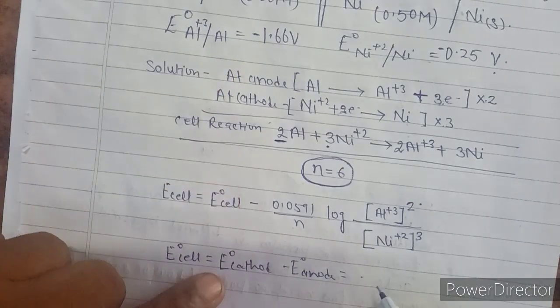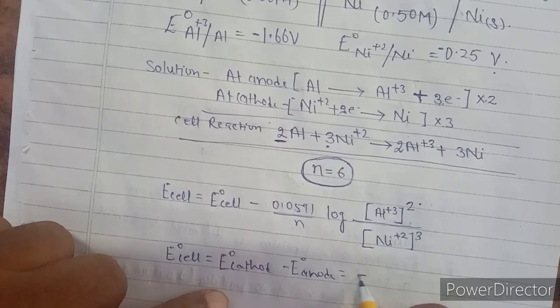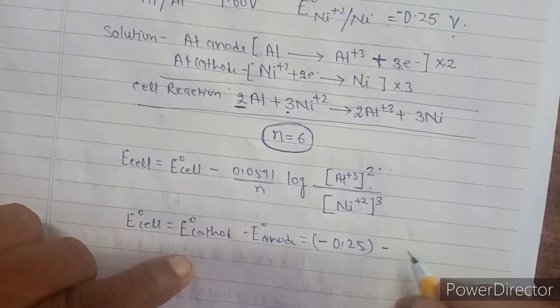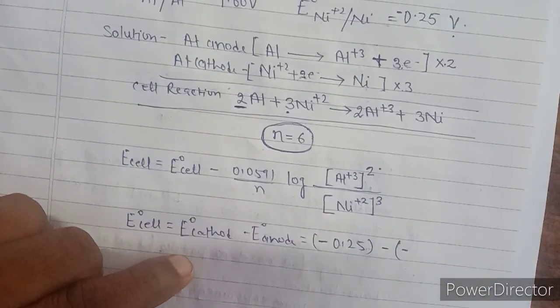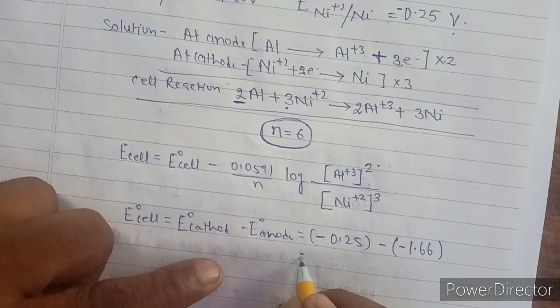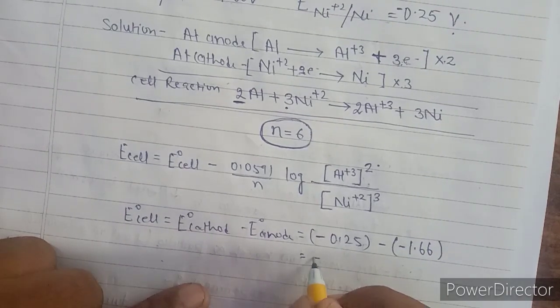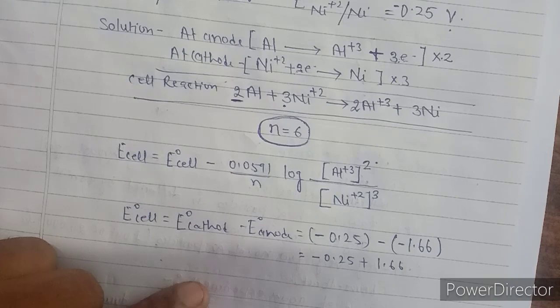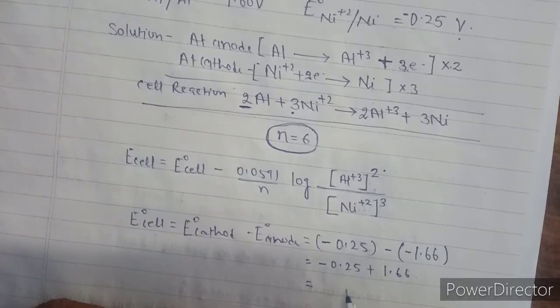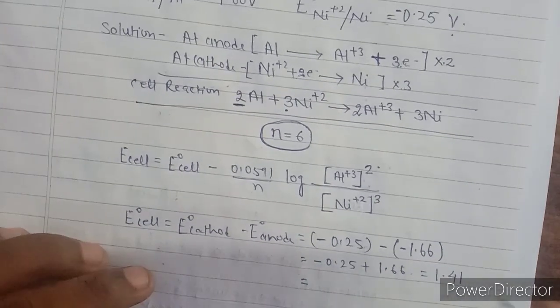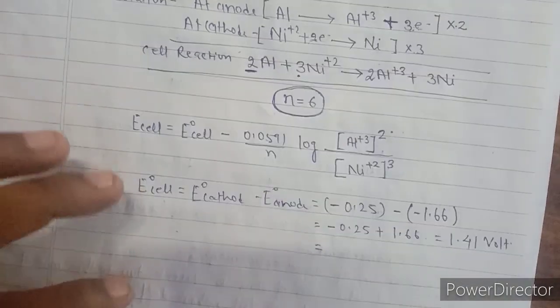E naught cathode is equal to minus 0.25 because reduction takes place on this electrode, minus minus 1.66 volt. When you solve it, you find minus 0.25 plus 1.66 is equal to 1.41 volt. This is the value of E cell naught.